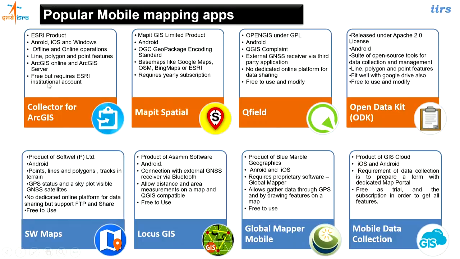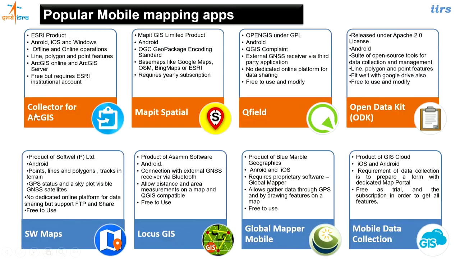this application is free, it requires the ESRI institutional account. You can directly go to the ESRI website. There you can create your own account, download this mobile app, collect the data, and that data will go directly to this ESRI account, or the dashboard that will be provided to you once you register in the ESRI or the ArcGIS online dashboard.